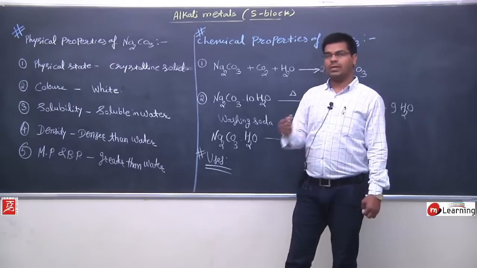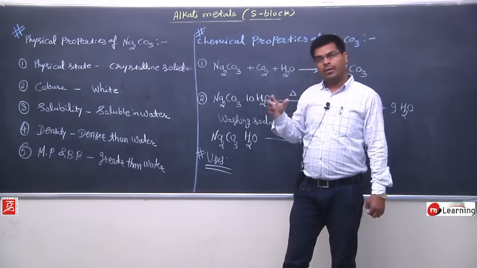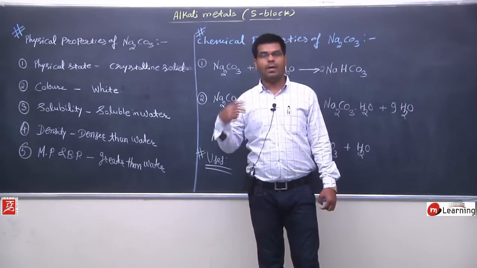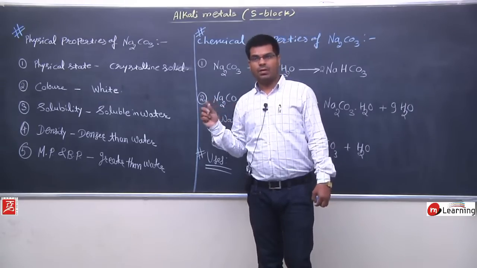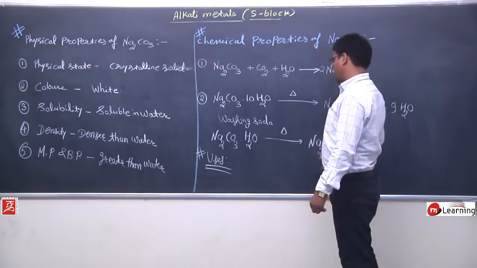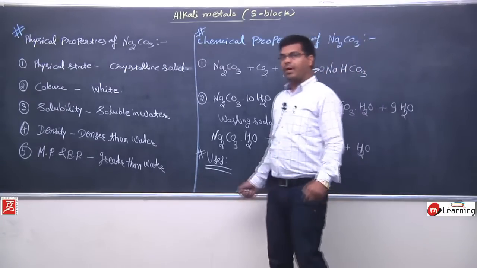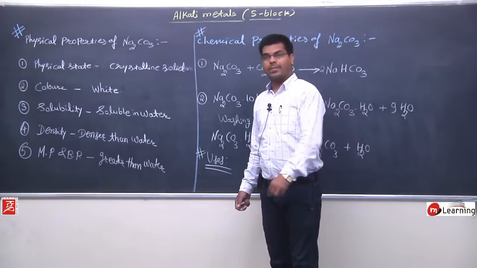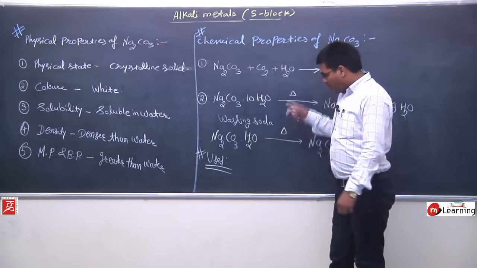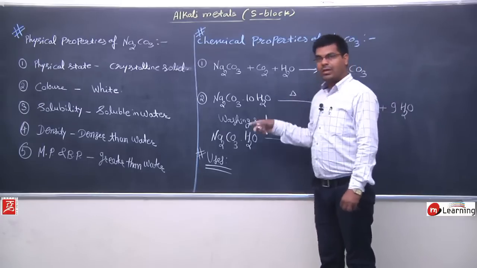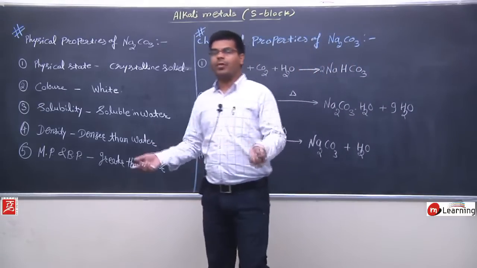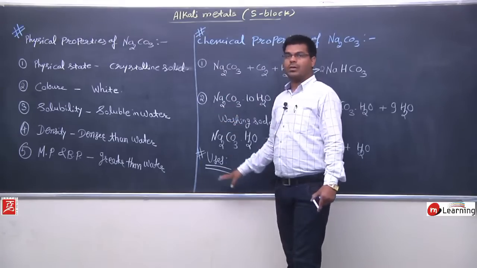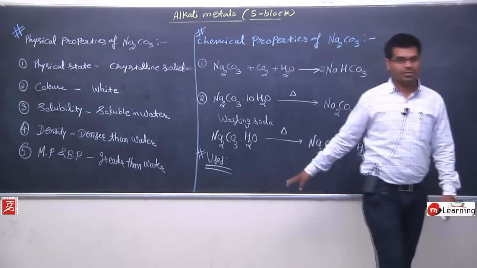Washing soda is also used in ceramic industries, glass industries, and various other industries. It is also used in the preparation of other sodium compounds, like sodium bicarbonate. Sodium carbonate is also used as a reagent in a number of reactions. So these are the most important uses of sodium carbonate. Please note them down.